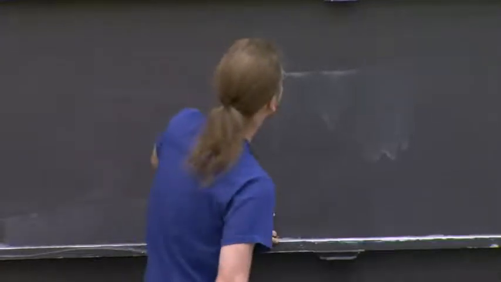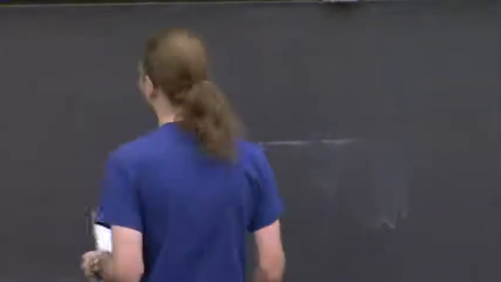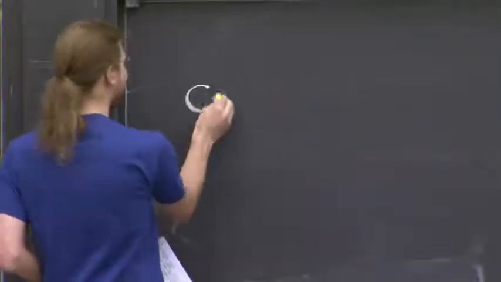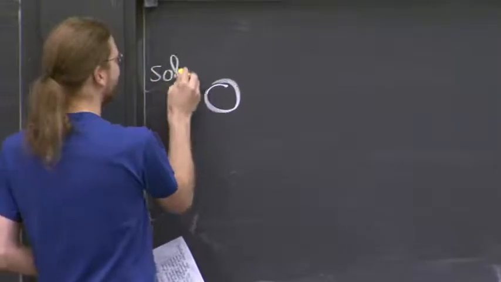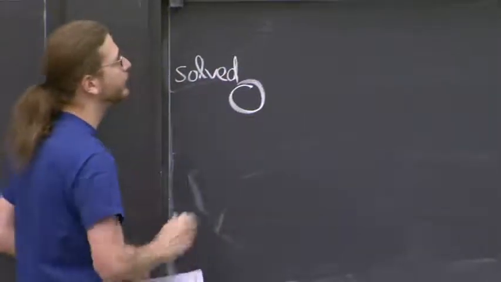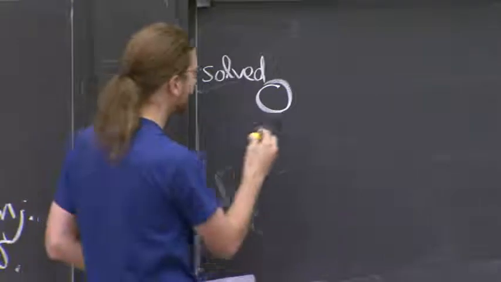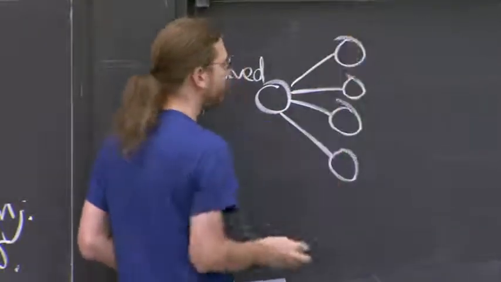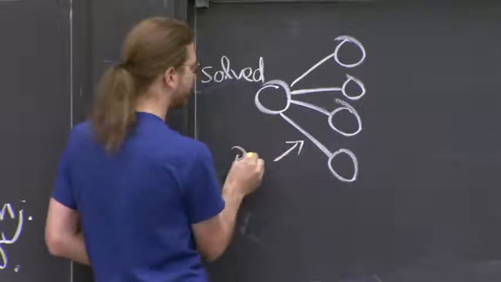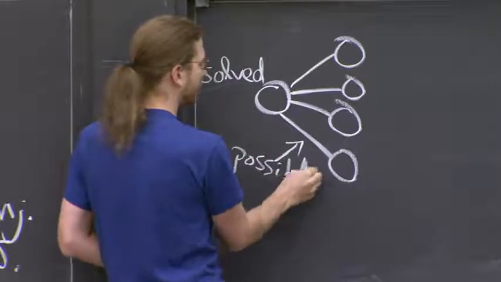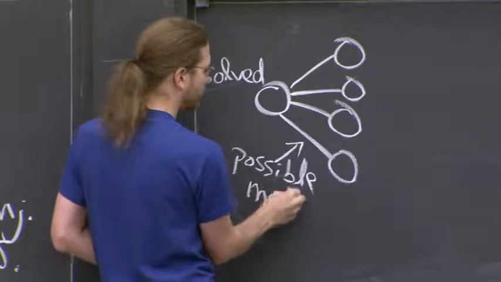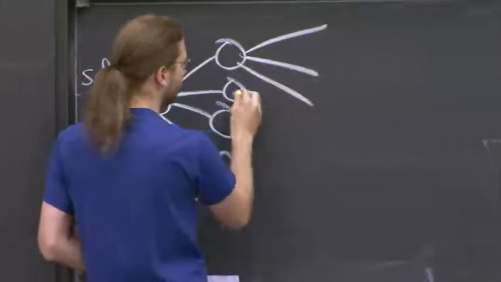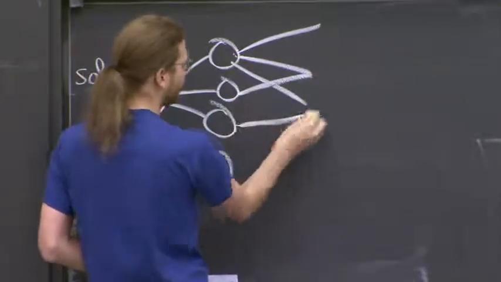So that's the graph, and you'd like to know some properties about it. So let me draw a picture of the graph. I'm not going to draw all 264 million vertices. But in particular, there's the solved state. We kind of care about that one, where all the colors are aligned. Then there's all of the configurations you could reach by one move. So these are the possible moves from solved state. And then from those configurations, there's more places you can go. Maybe there's multiple ways to get to the same node.